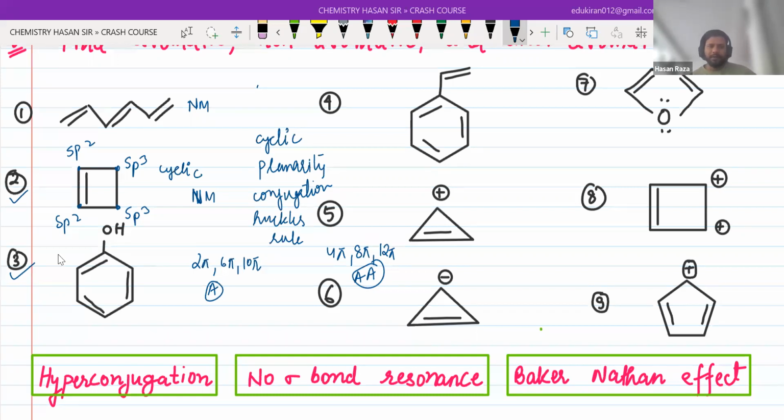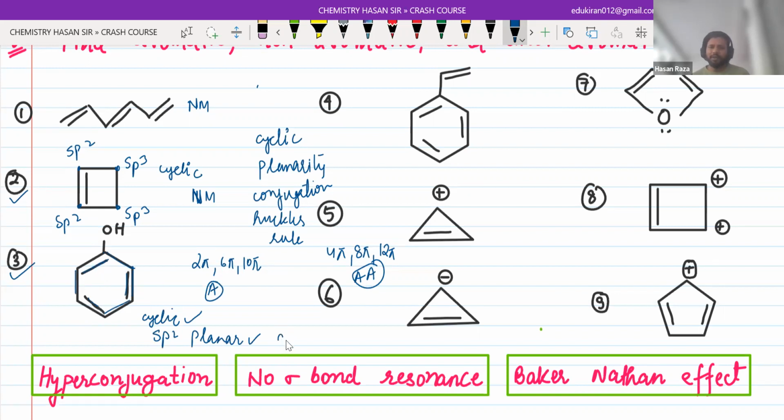See, the compound is cyclic. Yes, it is cyclic. The compound has planarity. You need to check the hybridization. Since every carbon in this benzene ring is making a double bond, all are sp2, which means it is planar. Then check the whole conjugation. You can see pi, sigma, pi, sigma, pi, sigma, and then pi.